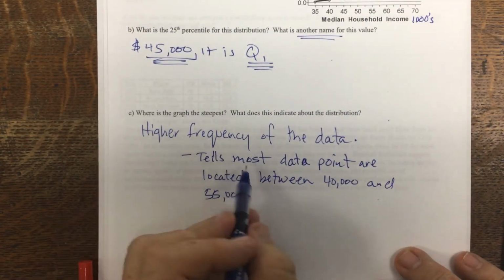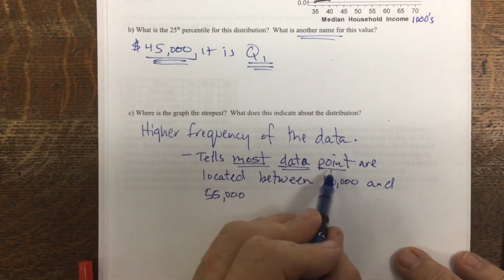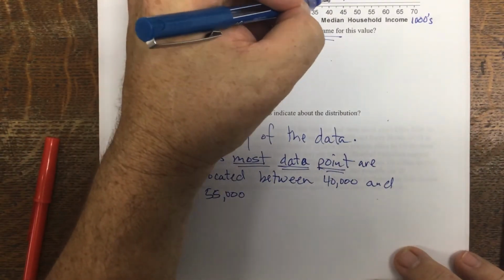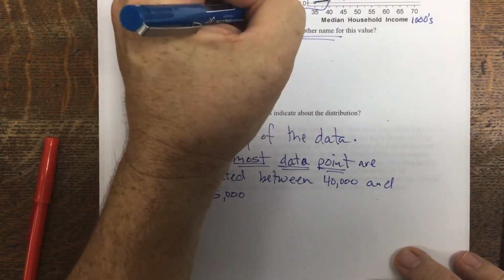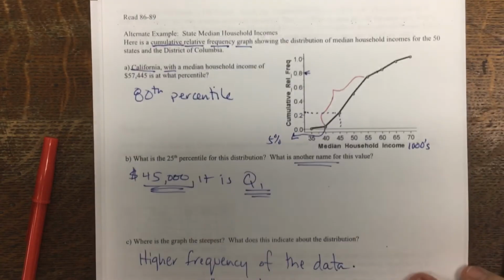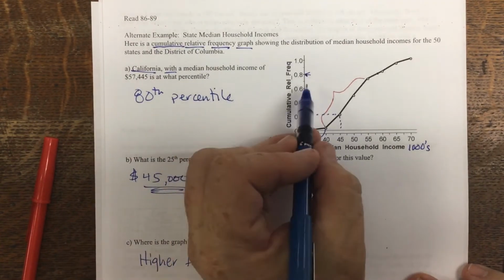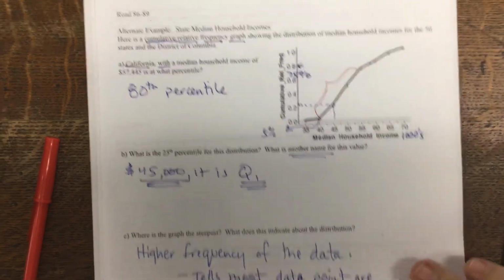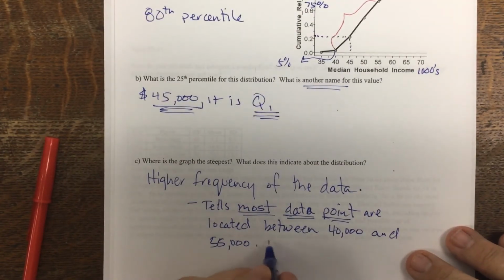How much of the data is that? Let's call that 5%, and let's call that 75%. So roughly 70% of the data falls between those two numbers.